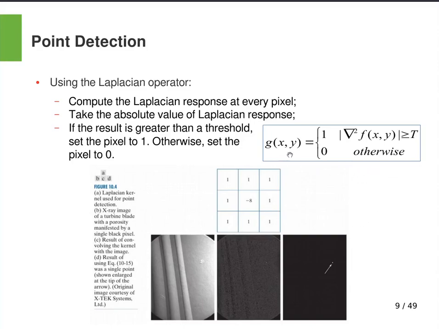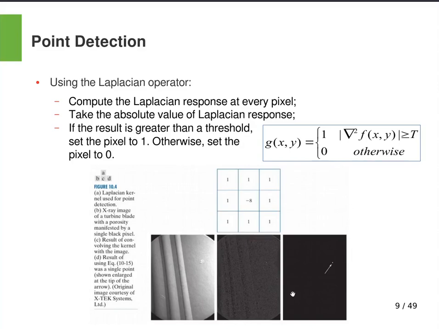So g of x and y, which is the result of this point detection, is going to be 1 if the absolute value of the Laplacian at that location is greater than the threshold, and it's 0 otherwise. So any location in g of x and y which has a value of 1 is an isolated point, and the locations that are 0 are not isolated points.